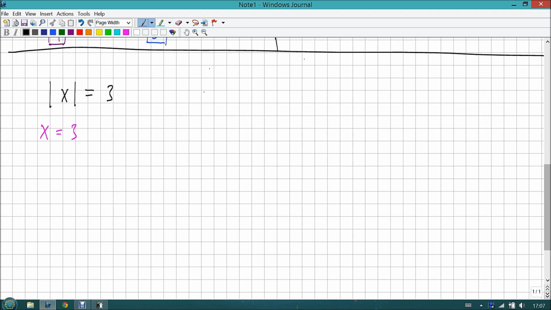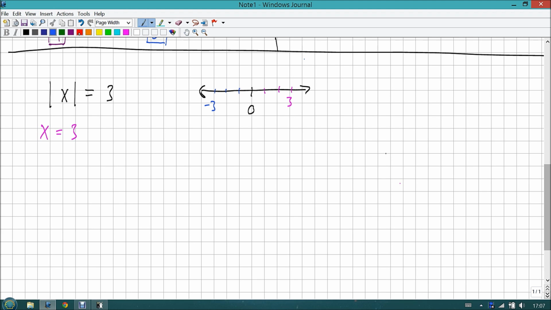Well, again, definition says that it's the distance from 0. So here's 0. On the right-hand side, we have 1, 2, 3. Okay. And what about on the left? That's -3, right?